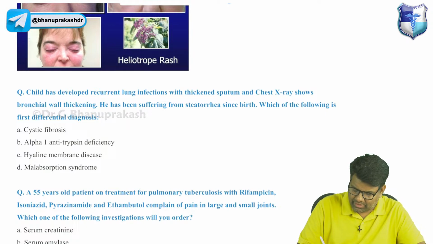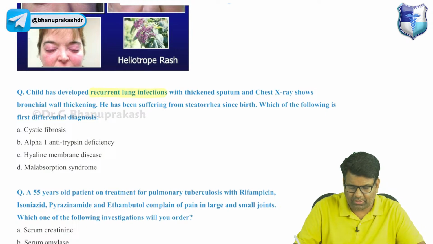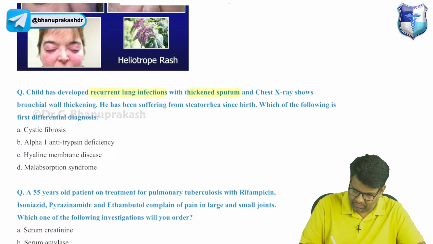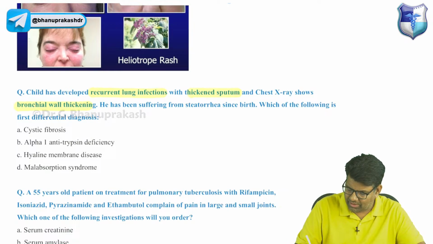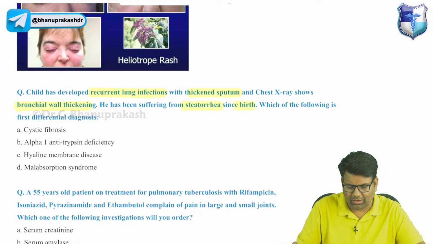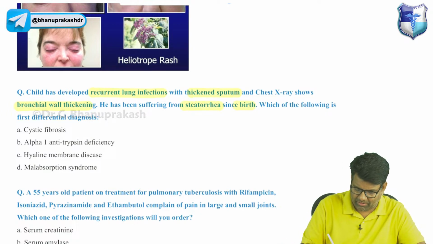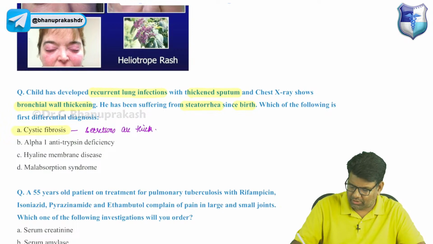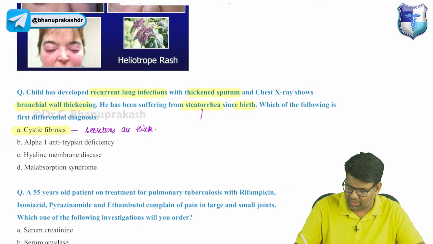A child has recurrent lung infections. Thick sputum and bronchial wall thickening are there. He is having steatorrhea since birth. What condition should it be? Absolutely right. This is cystic fibrosis. And what happens in cystic fibrosis? The secretions are thick. That leads to steatorrhea.